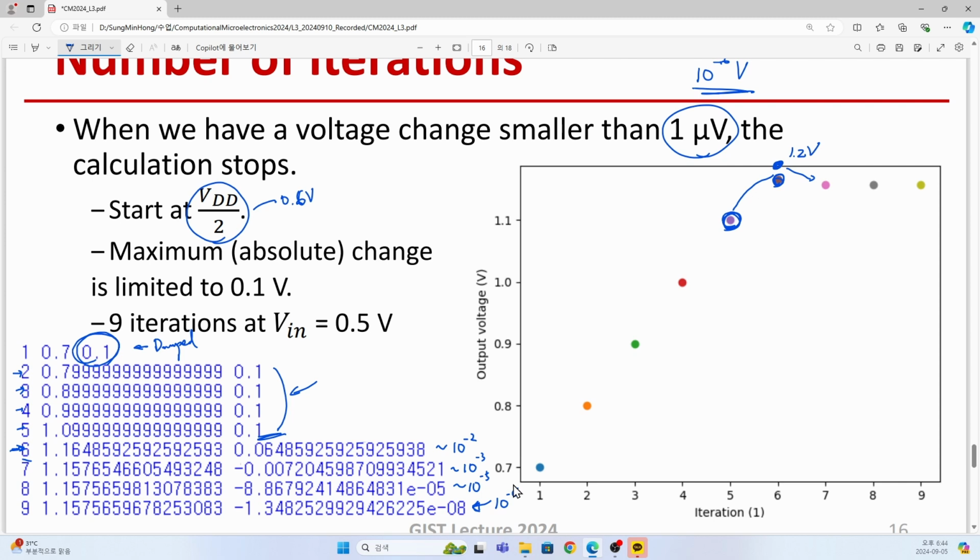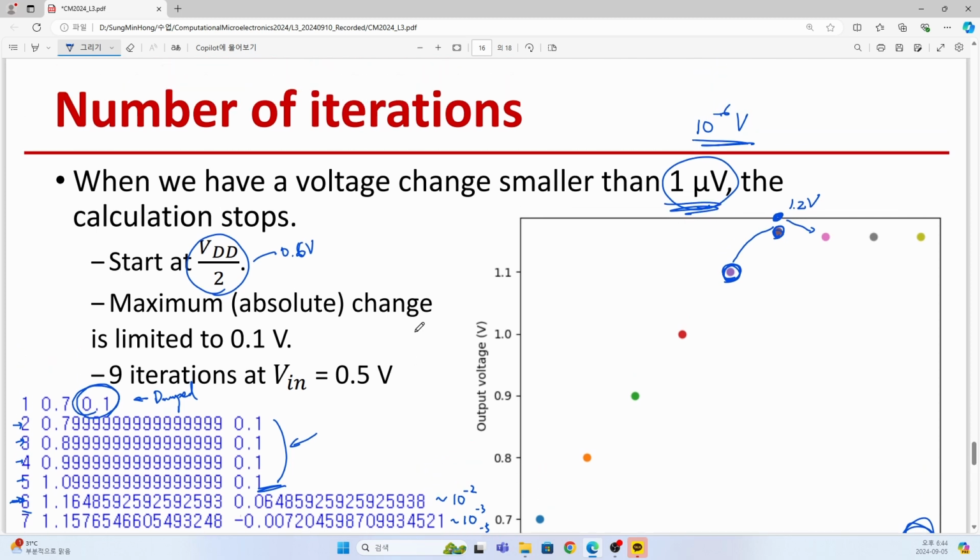A rapid reduction of the update value can be achieved, and we need only 9 iterations to get the converged solution within 1 microvolt update. So Newton iteration is quite strong for getting the numerical solution of non-linear equations. We will use this method for our entire semester.